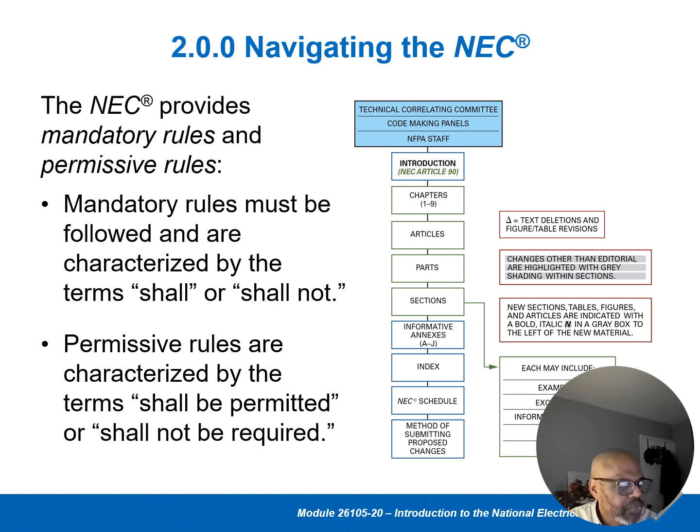Each one of them has articles, parts, sections, informative annexes, index, and schedules. As we go through each section, it will be divided up into different parts, and these different parts will help you find things. Now, here's a great thing about it. The structure of the NEC for every chapter will follow the same format, so you can find things.